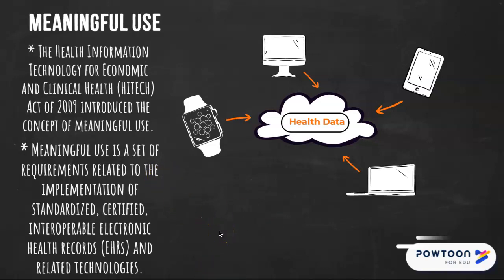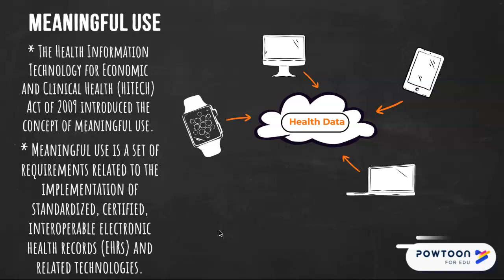Meaningful use is a set of very specific requirements related to the implementation of standardized, certified, interoperable EHRs, which are our electronic health records, and the related technologies needed to support those EHRs. Basically, the government said, we want everybody to adopt the use of electronic health records.